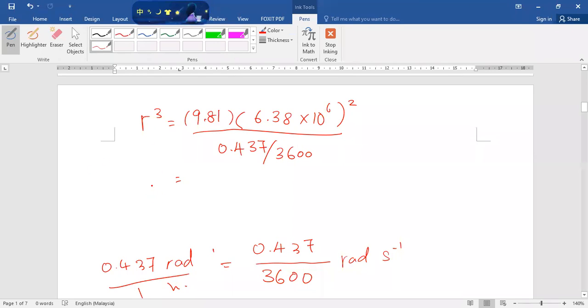So that means that r cubed is equal to, let me see, okay, 3.295 times 10 to the power 18.